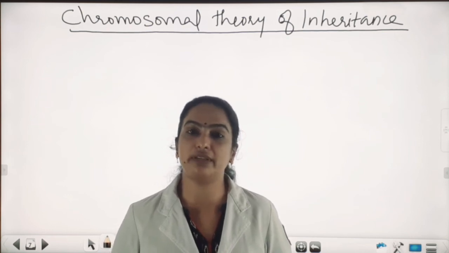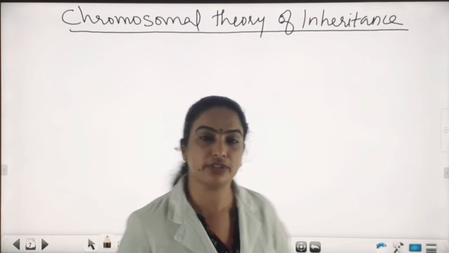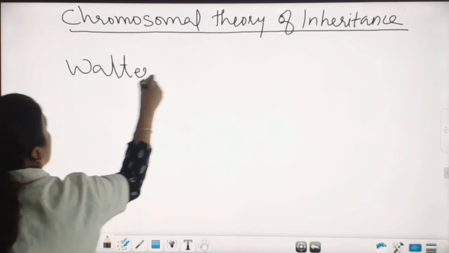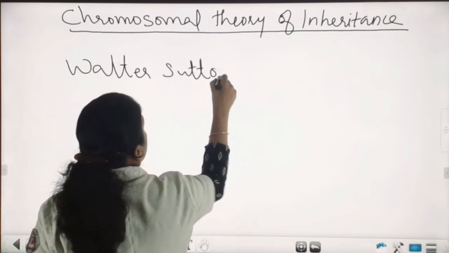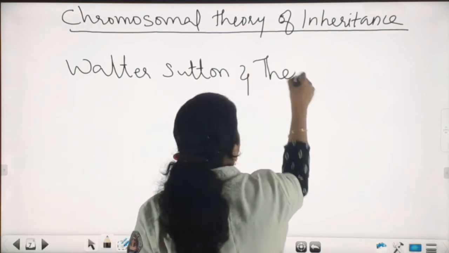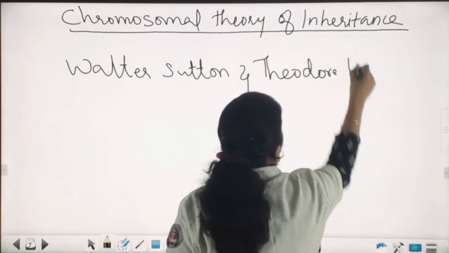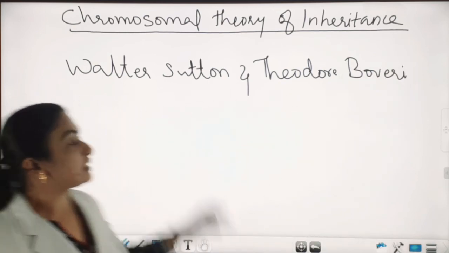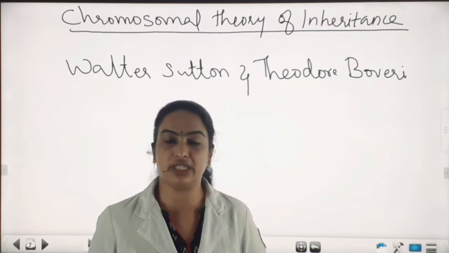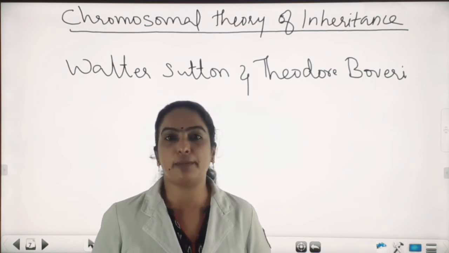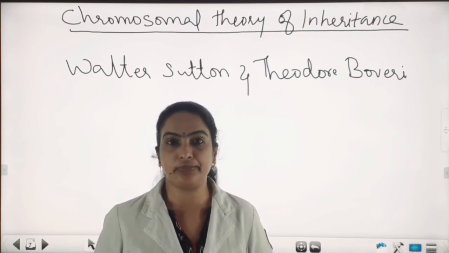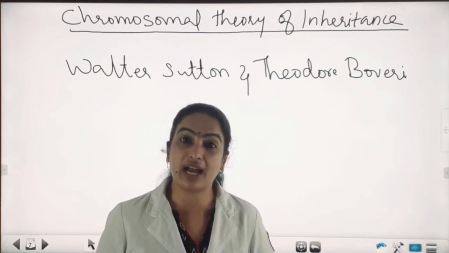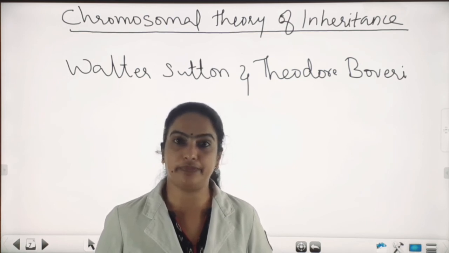This chromosomal theory of inheritance was proposed by Walter Sutton and Theodore Boveri. These two scientists proposed this theory. According to the chromosomal theory of inheritance, the chromosomes and genes show parallelism in behavior.